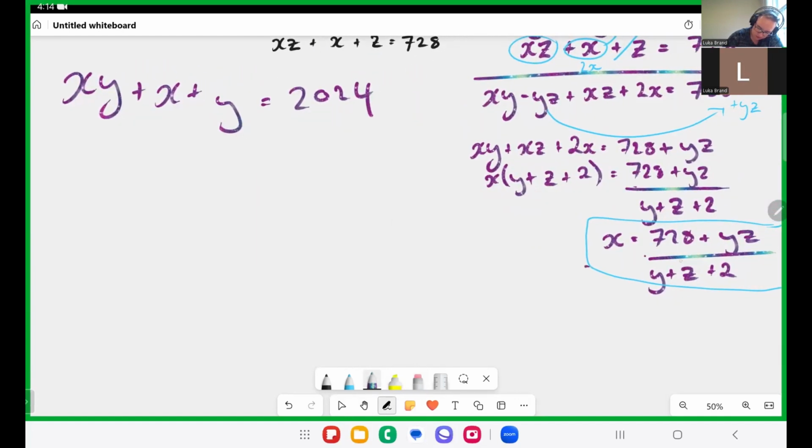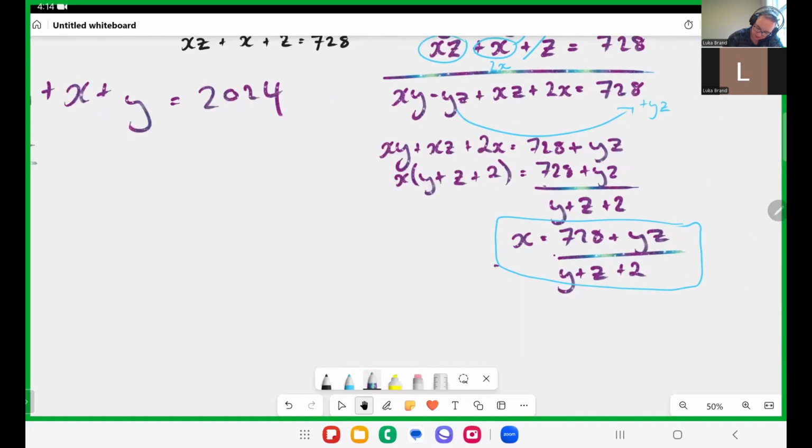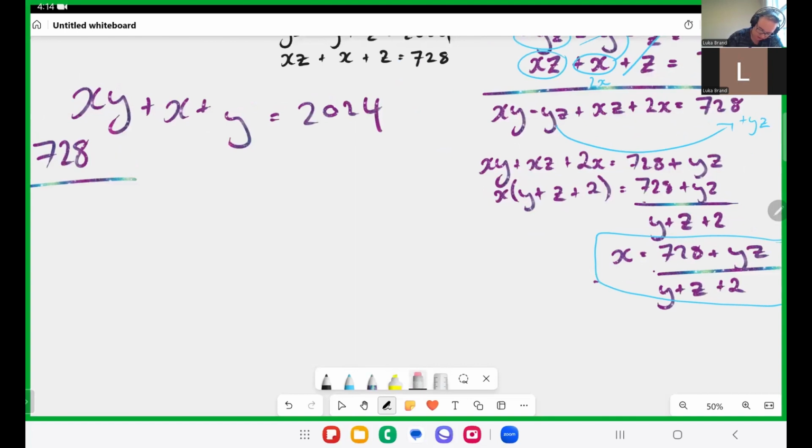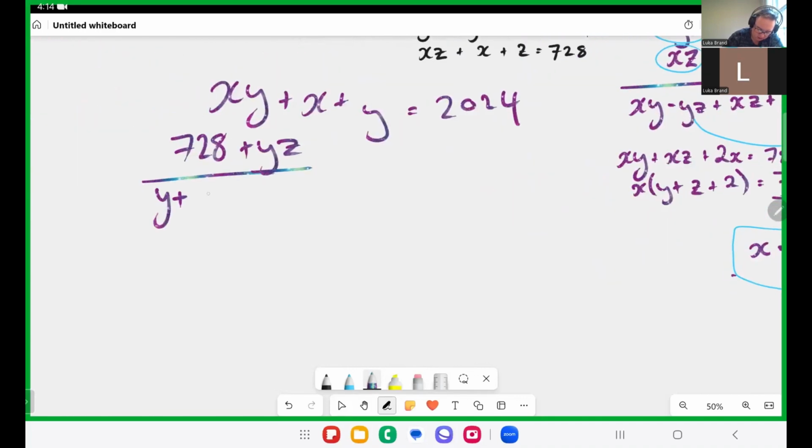So it's 728 plus yz, plus yz. Good catch. I'm trying to put that little line with those z's, but I'm not doing it particularly consistently. I'm hoping that if I do it most of the time I'll be okay, but ideally I would be doing it every time.